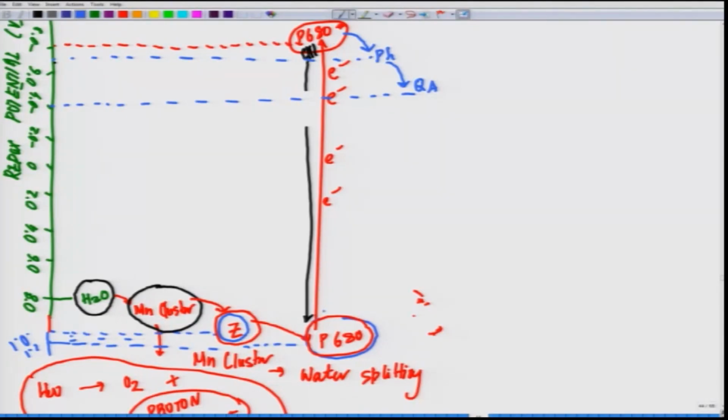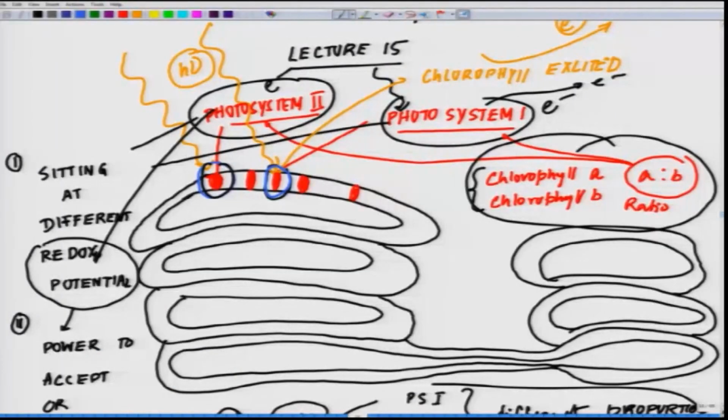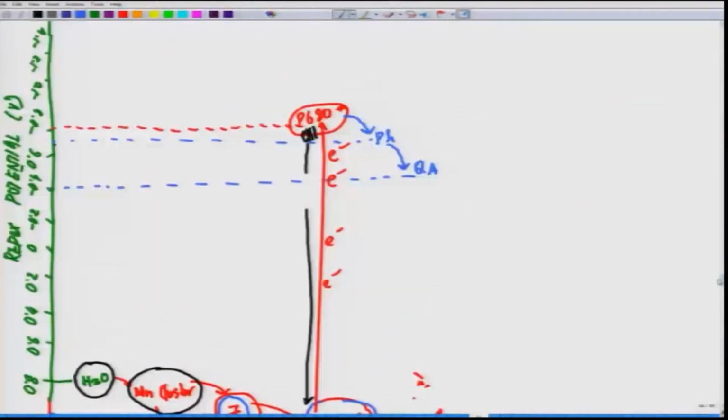So, physically, if I go back to the very first lecture, the electron acceptors are arranged in a spatial location like this. When the electron is hopping, it is hopping like this. If the position changes, the electron can directly move from P680 to QA.